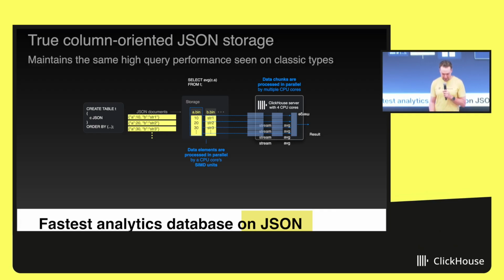So let's take a look at the ideal example. If we store every key from JSON, A and B, in a separate file, we will achieve the same performance as with separate data types. So maybe we just have to store every key separately, analyze their data types, and it will be enough.